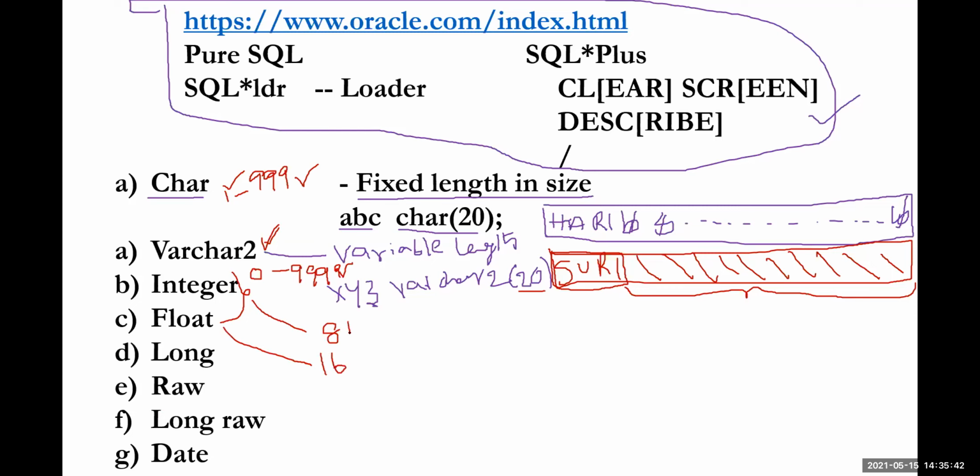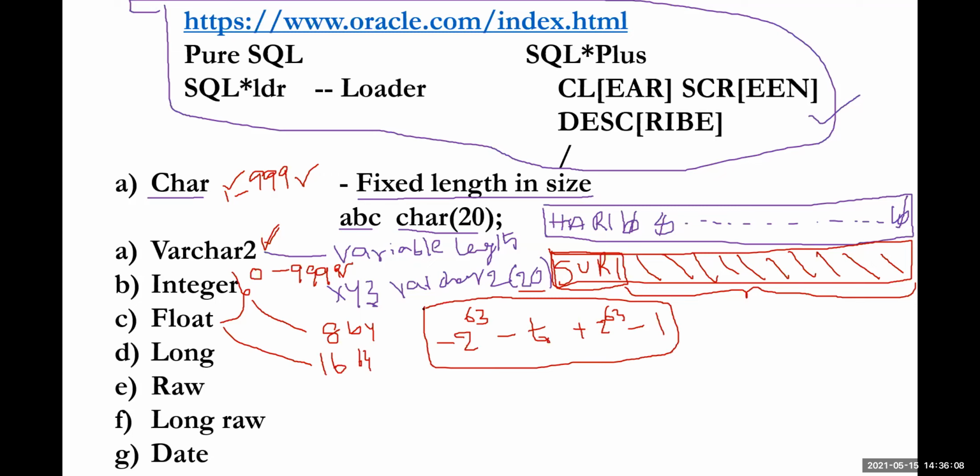That is the only difference. 8 bytes means 64 bits, so the range is minus 2 power 63 to positive 2 power 63 minus 1. This is the range in which a value can be stored within the integer of SQL.